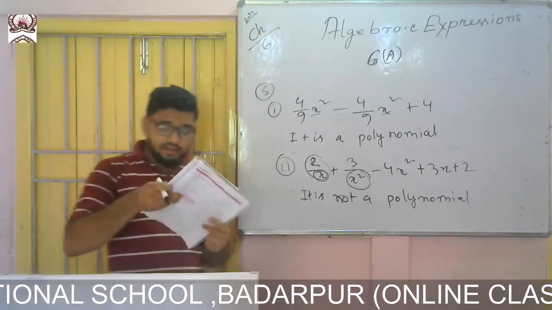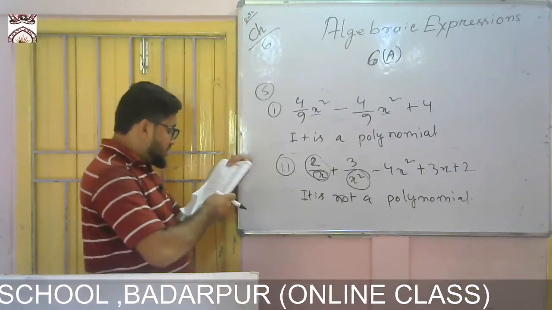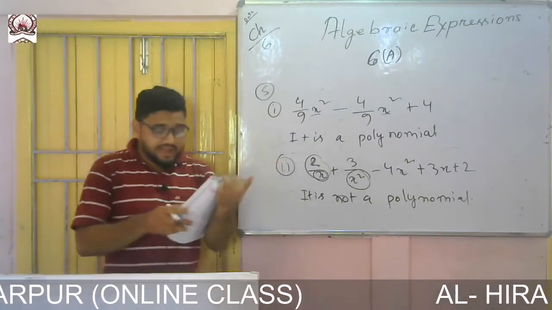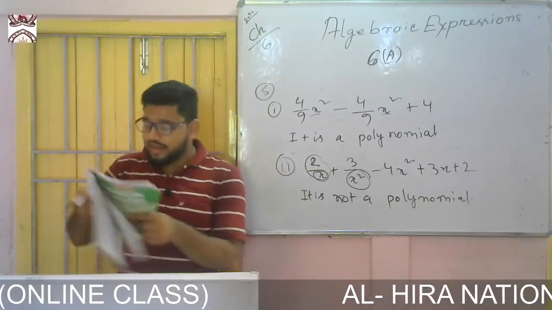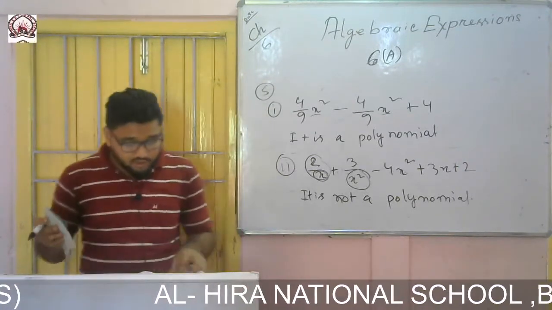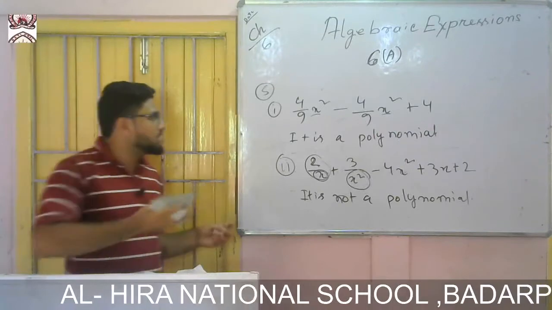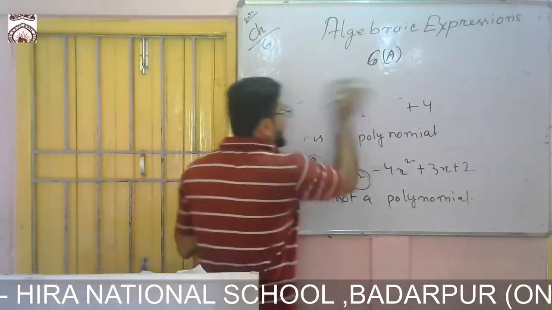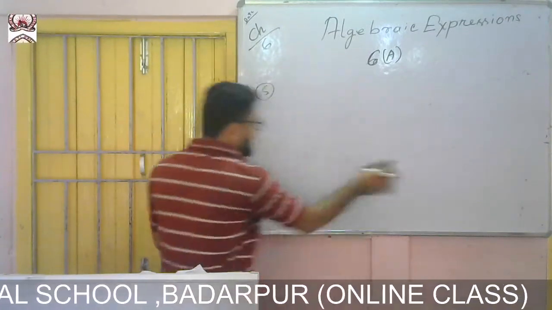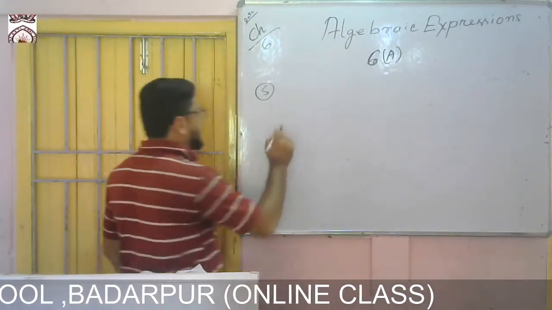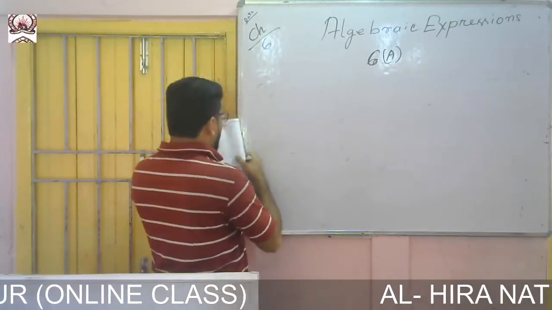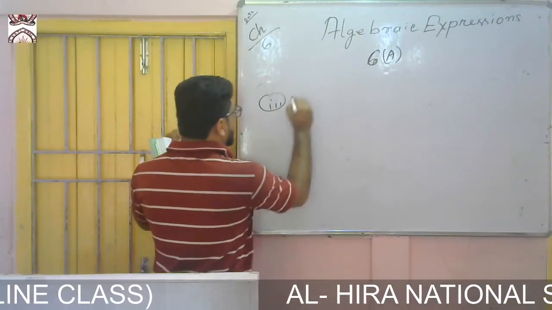Now come to question number 3. Again, question number 3 is a polynomial, because 3a square, 3a cube, 4a square b plus 8b square, 8b cube. All these variables are written with numerals, and they do not have any fraction, so they are polynomials.